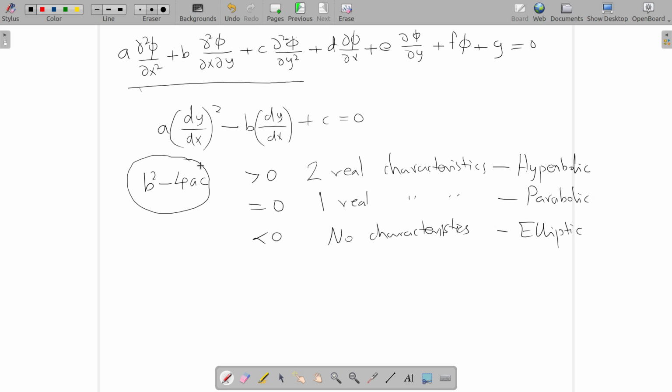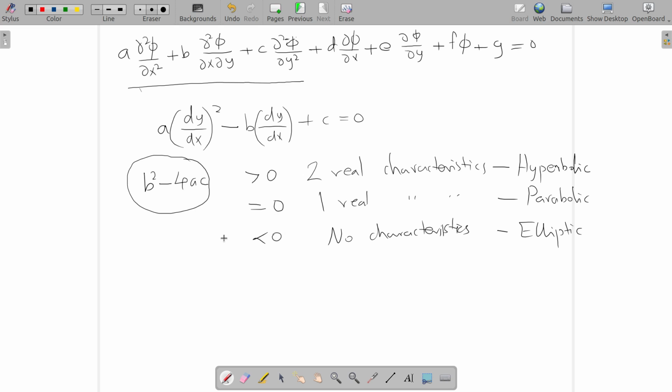So if you have a given equation, you can find out whether it is hyperbolic, parabolic or elliptic using this idea. Just find b square minus 4ac, and check whether it is greater than 0, equal to 0, or less than 0.